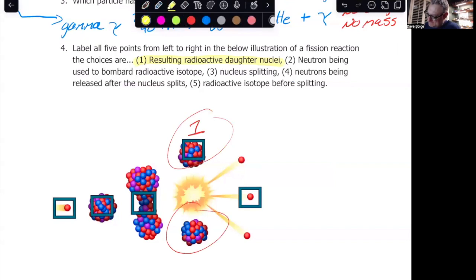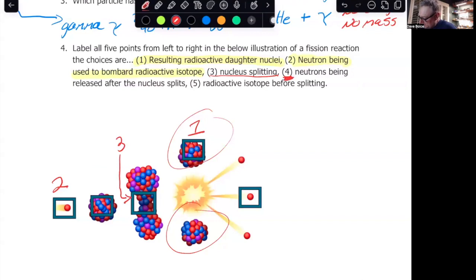Okay, number 2, neutron being used to bombard the radioactive isotope. That one's right here. This is the neutron being used to bombard that isotope. Number 3, the nucleus splitting. That's right here. That's what's happening, the nucleus is splitting.